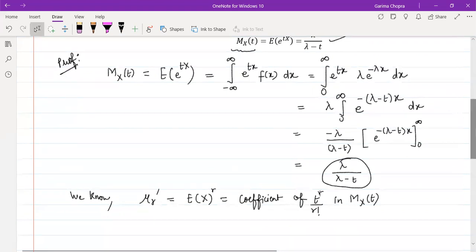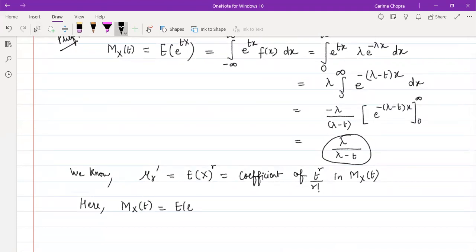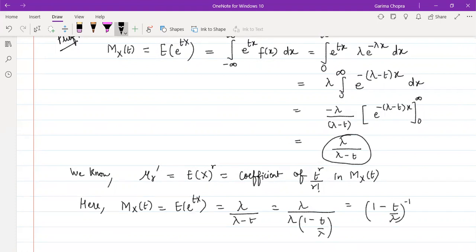As we have seen, the moment generating function, which is expectation of e raised to power tx, we are getting as lambda upon lambda minus t. And we can further rewrite this as, if we take lambda common in the denominator, 1 minus t upon lambda raised to power minus 1.